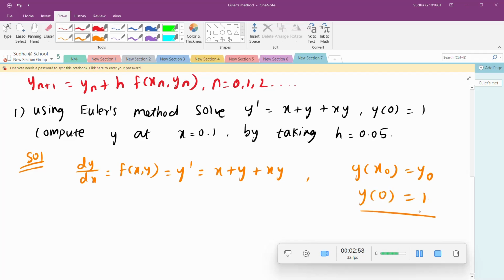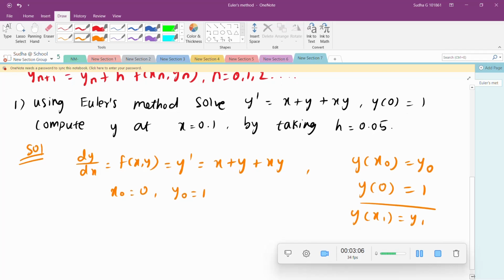Always the boundary condition is given in each and every problem. So here x naught value 0, y naught value 1, and then y of x1 equal to y1, which is general. So in this given problem, y of 0.1, so we need to find out y1.